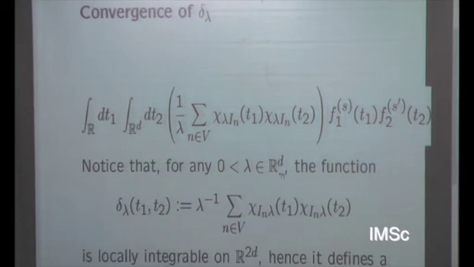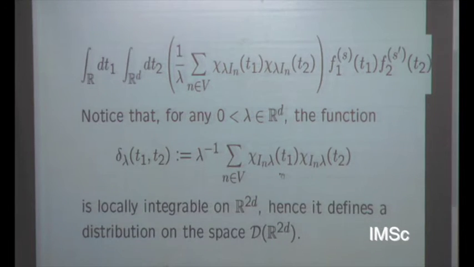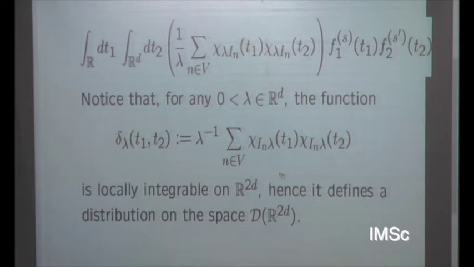Now we need some analysis, because we want to study this object, which you can consider as a delta lambda, which intuitively is a kind of approximation of the delta function, which gives a linear functional on the dimension 2, because now we have two variables, t1 and t2.